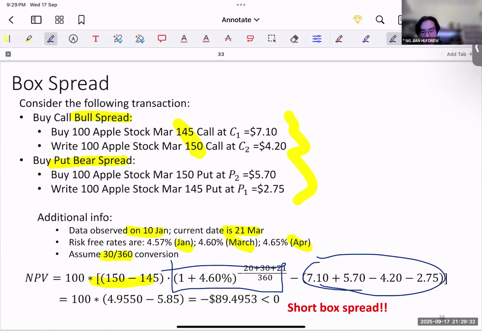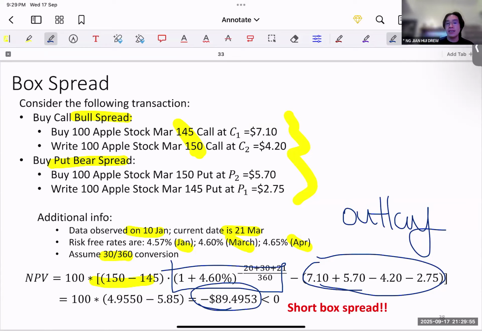This is your initial outlay, the cost involved in creating your bull spread and your bear spread, right? And so once you determine this, we found that, hey, you know what? The NPV of this box spread strategy is actually negative, which means that it's better for us to take a short position so that we earn on the box spread.